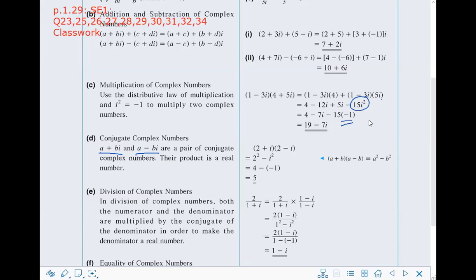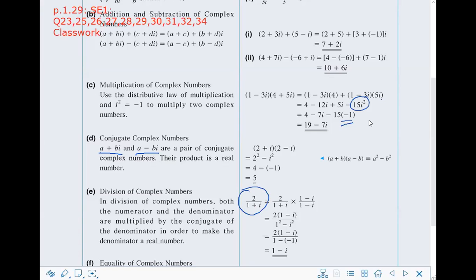When we have i terms in the denominator, it is not allowed in the answer, so we need to simplify until there is no i term in the denominator. If it is a plus bi, we multiply by a minus bi over a minus bi.